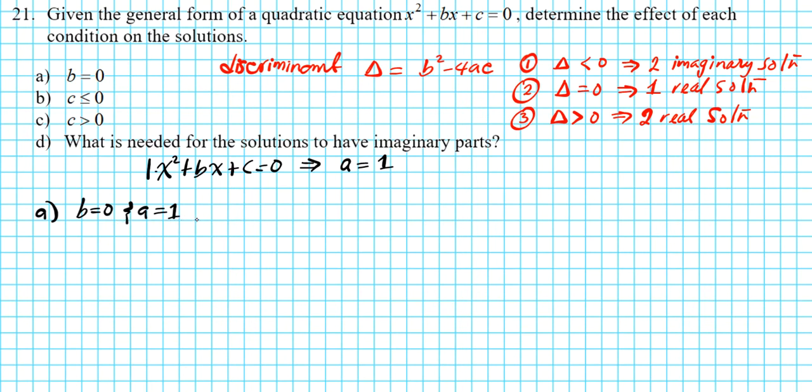With b equals 0 and a equals 1, the discriminant b squared minus 4ac is going to be 0 squared minus 4 times 1 times c, and that's going to be negative 4c. Now, with this value of the discriminant, let's see if it's defined in these three cases.